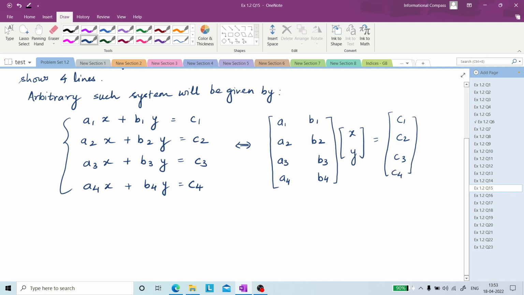I hope I'm clear with this. So therefore it is easy to see that the column picture is in 4-dimensional space. So I'll write down: column picture is in 4-dimensional space.